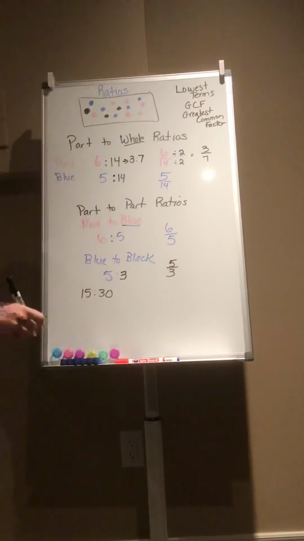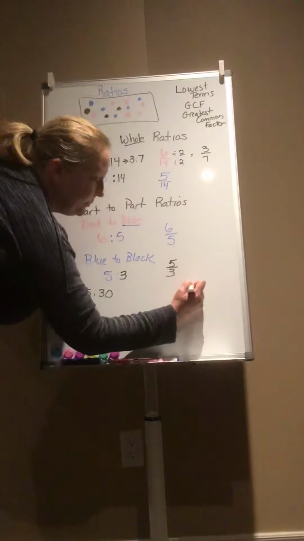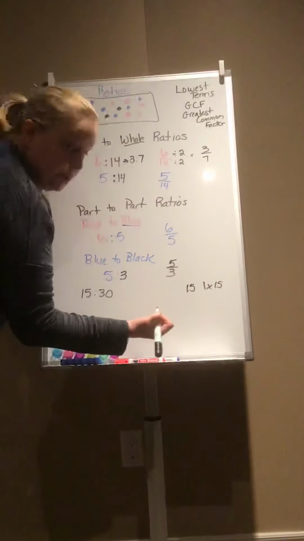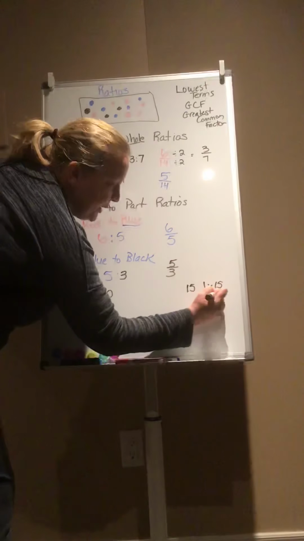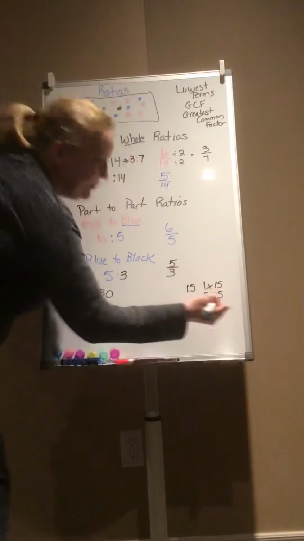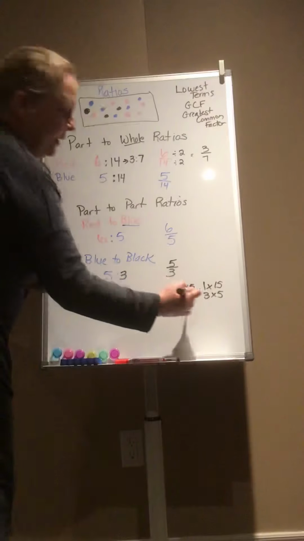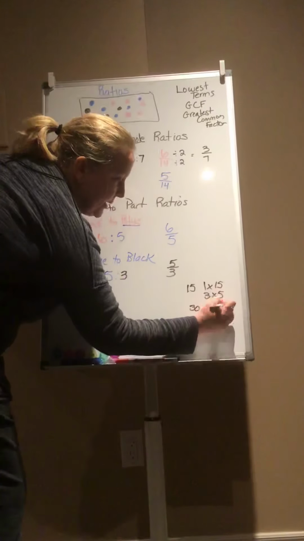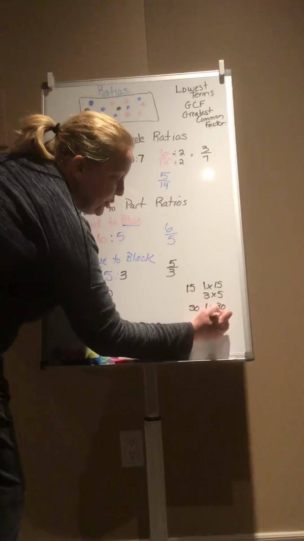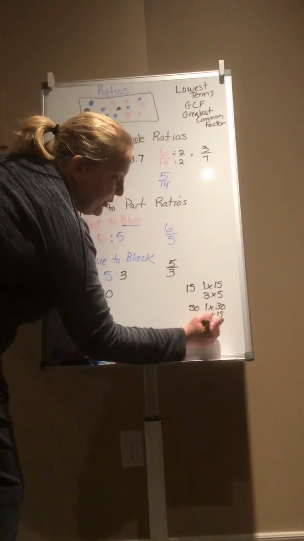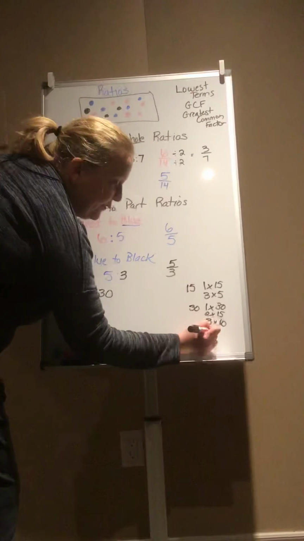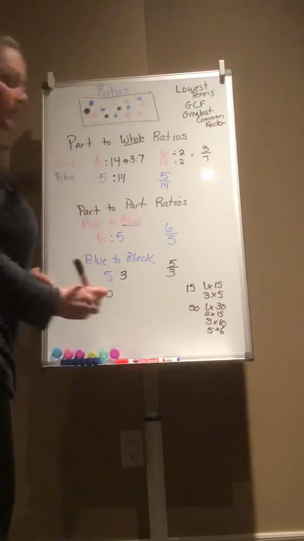If I'm going to factor 15: 1 times 15, 2 doesn't work, 3 times 5, and we're done. 30, there's a lot of factors of 30: 1 times 30, 2 times 15, 3 times 10, 5 times 6.